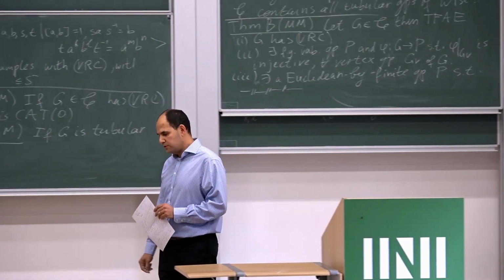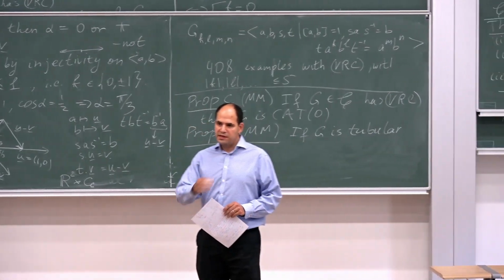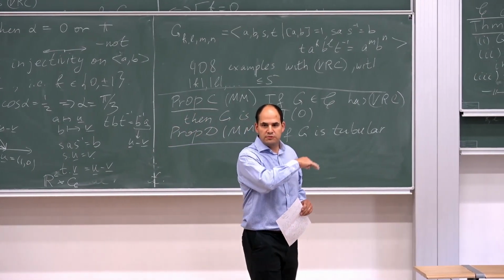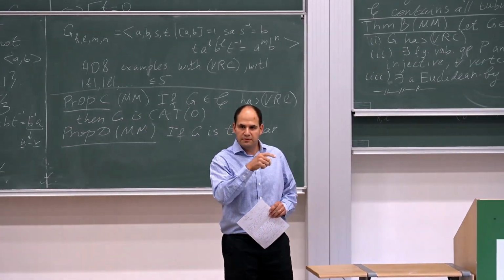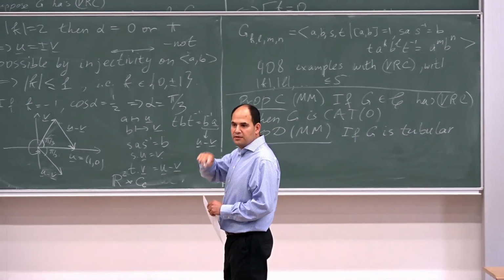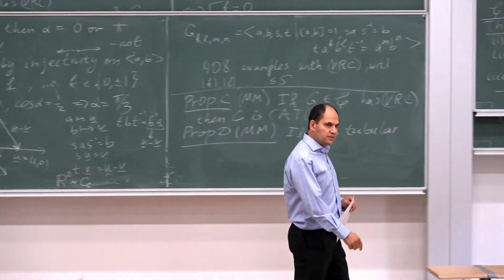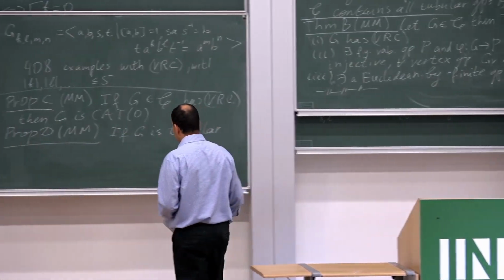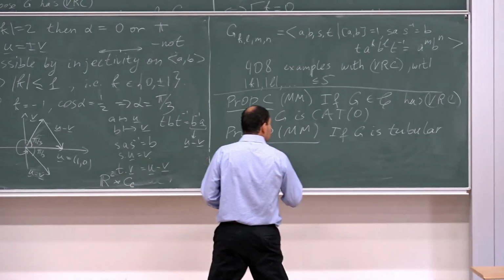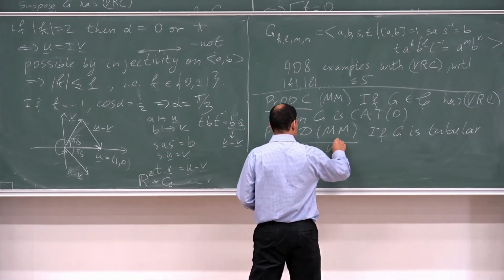Vertex groups are Z squared, and edge groups are Z. All my examples, JKL, are precisely tubular groups because they are fundamental groups of one vertex Z squared, the base group AB, and two cyclic edges, loops at this vertex. Suppose G is tubular and has VRC.